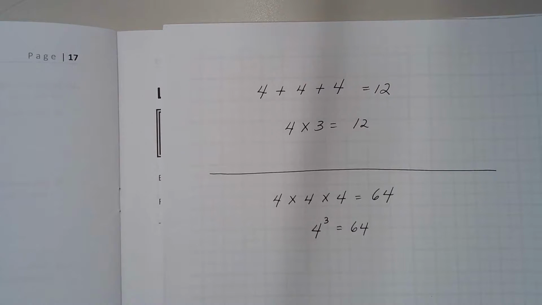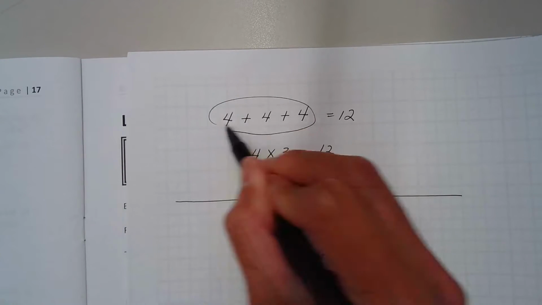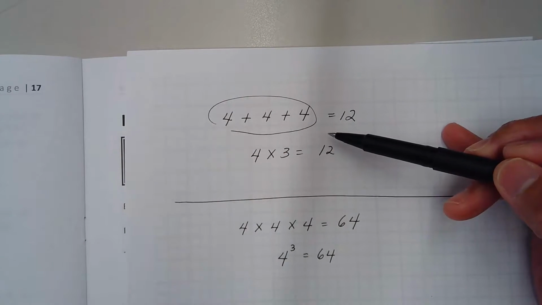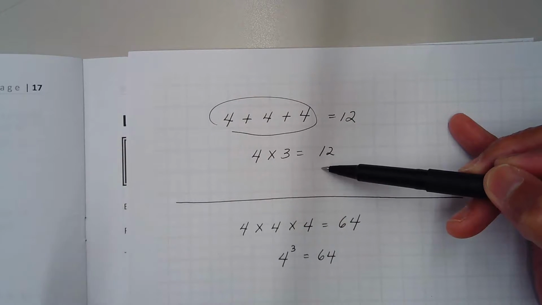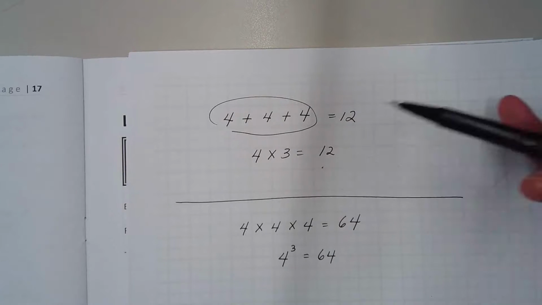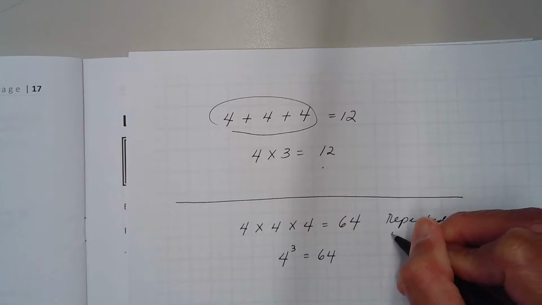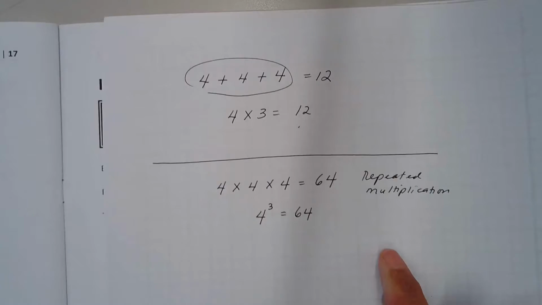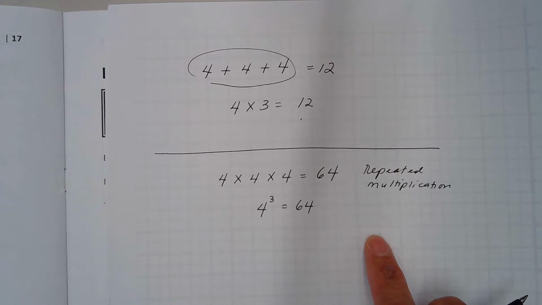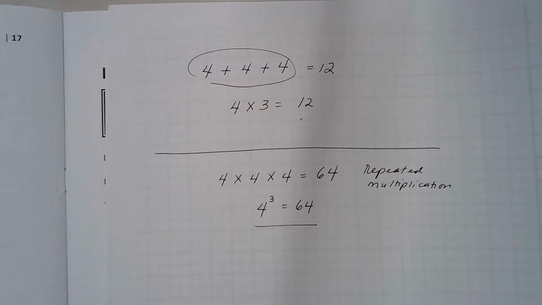So as you can see that repeated addition could be expressed as multiplication, but repeated multiplication, another way of writing that, instead of 4 times 4 times 4, we can write it down using exponents.